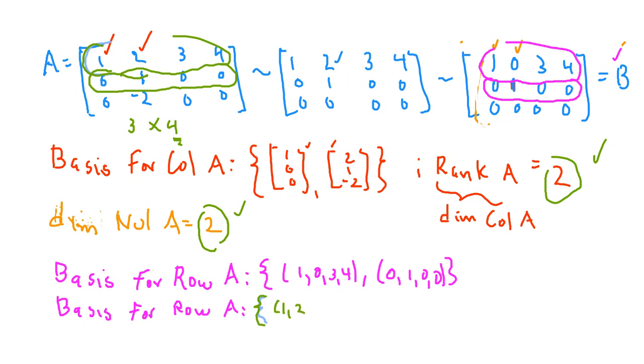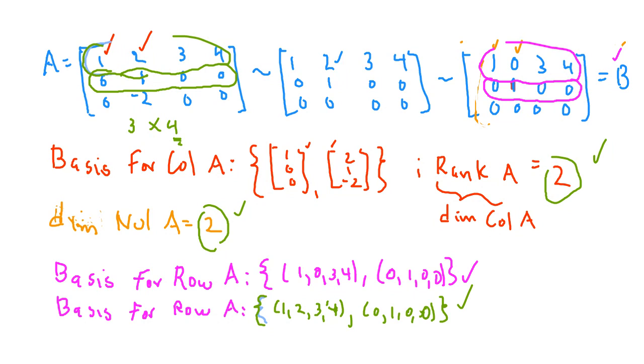In other words, 1, 2, 3, 4, and 0, 1, 0, 0. Is that also a basis for the row space of A? It is. So this answer is good, and so is this answer.